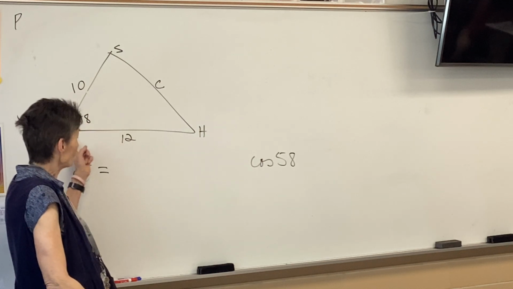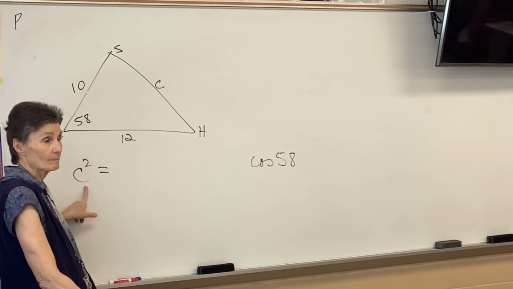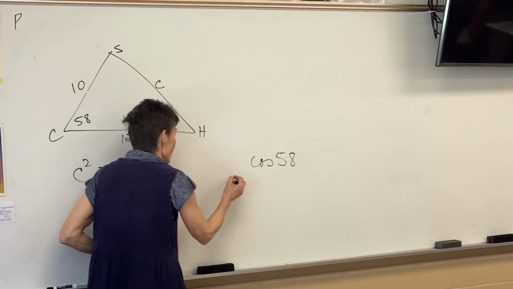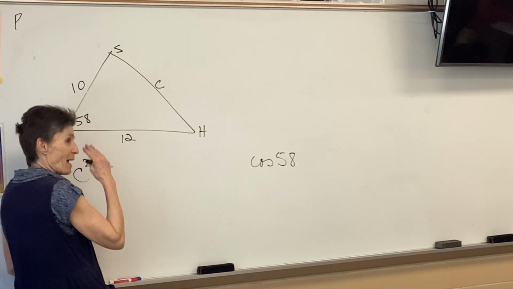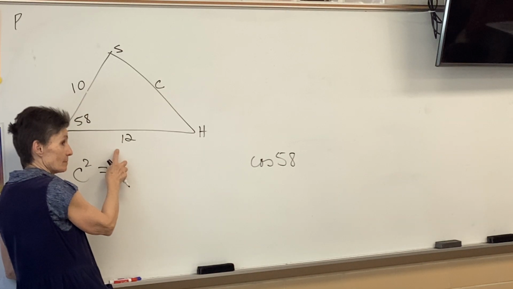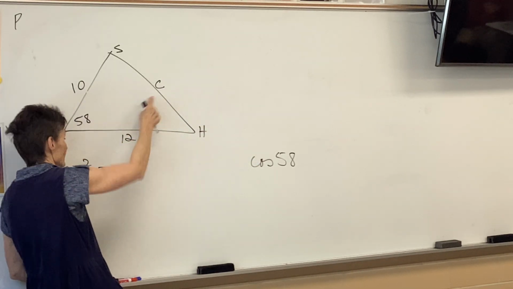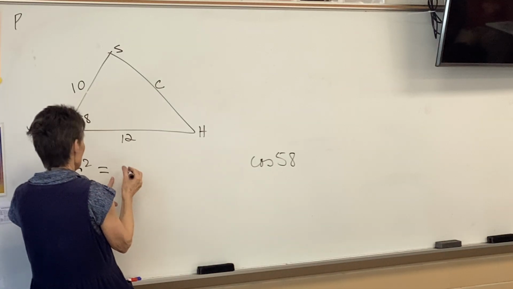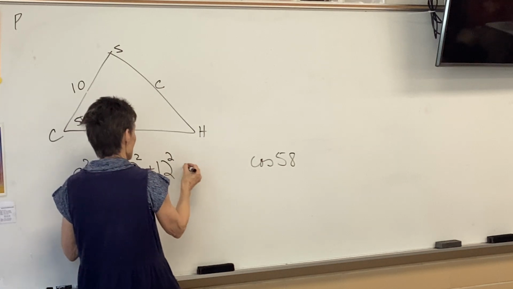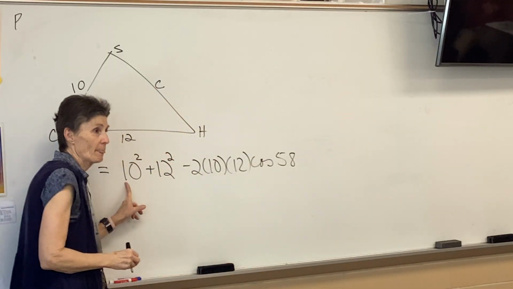So since that is angle C, this is side C. And then everything in the middle is a patterned combination of the other two sides. So your cosine 58 is out there, your C squared is over here, and then in the middle, I have 10 squared plus 12 squared minus 2 times 10 times 12.